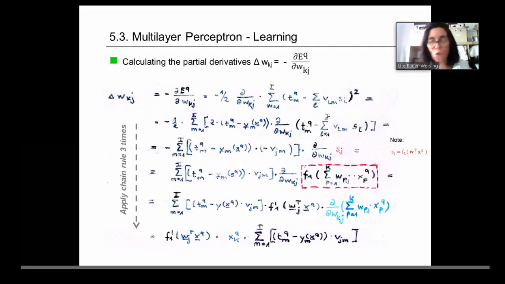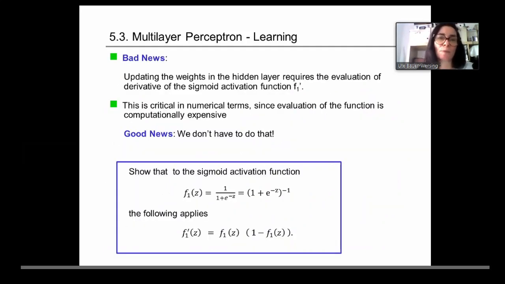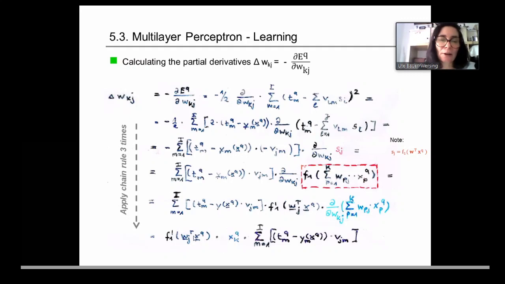If there are no further questions, I want to move on with the bad news. It's not really bad news, it's bad news in terms of computational efficiency. When we look at the product here, how do we update the weights of the neurons in the hidden layer?